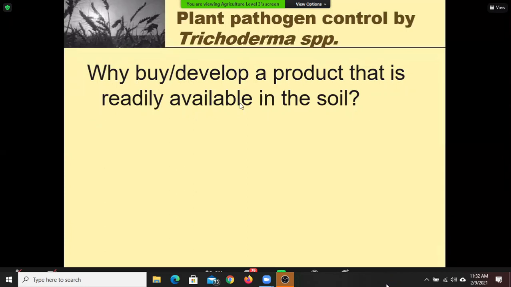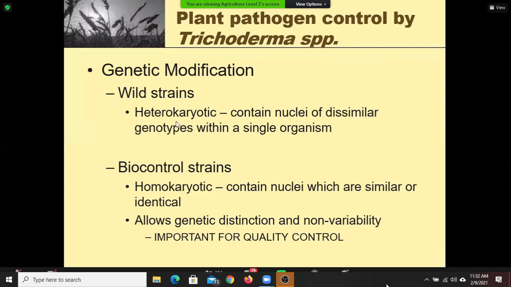You know, in the natural environment, there is a variation of trichoderma that is heterokaryotic. You can see here, they contain nuclei of different genotypes within the single organism. In the soil, trichoderma are present, and these trichoderma are heterokaryotic.